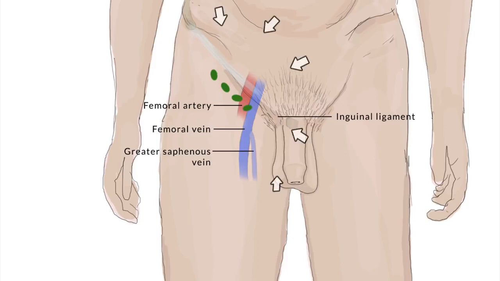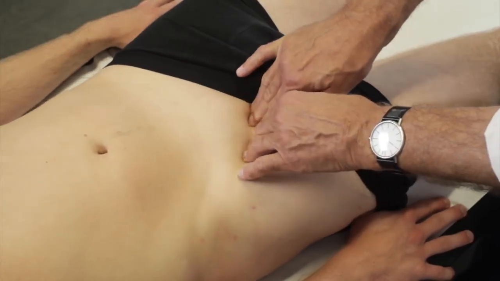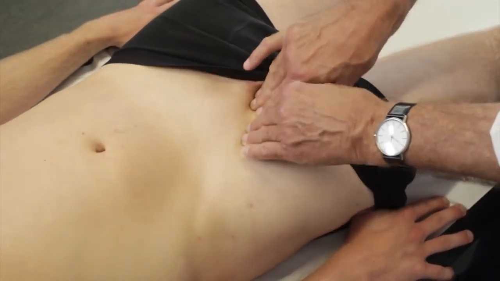This group is responsible for draining parts of the external genitalia, trunk, and lower back. The vertical group is located adjacent to the great proximal saphenous vein and drains lymphatic fluid from the lower extremity. Examination of the inguinal lymph nodes is best performed with the patient lying down.